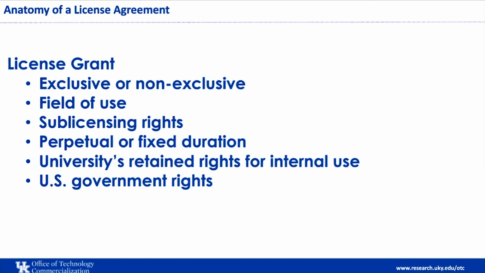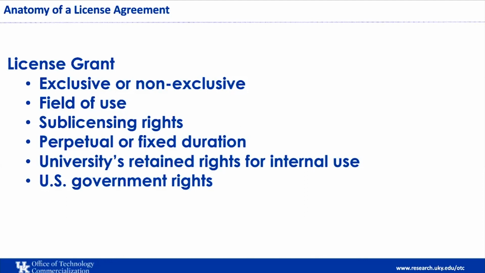And so it would have potential applications in not only human healthcare, but perhaps veterinary applications. And so in licensing that technology to a veterinary company, we would want to limit the field of use to animal care, so that we would still have the ability to exclusively license the same in a different field of use to a human health company.